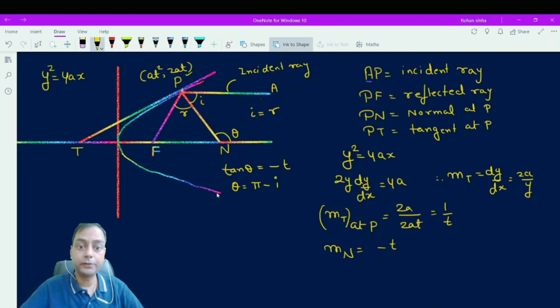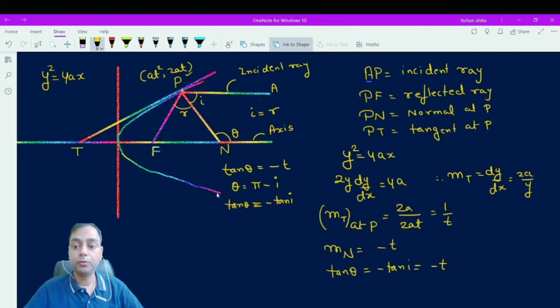This is axis of parabola. So tan theta is equal to minus tan i. So what can we say? Slope of normal is equal to tan theta. So tan theta is equal to minus tan i, and this is equal to minus t from here. So what can we find? We can find that tan i is equal to t.